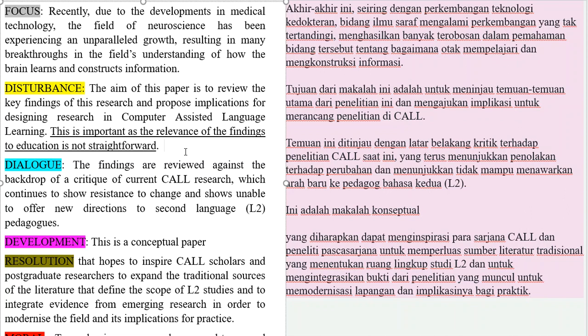So this is this emotion of making the reader warned, cautious, that findings themselves still need to be translated in order to be used in education. It is not very simple just to apply them straightforwardly.